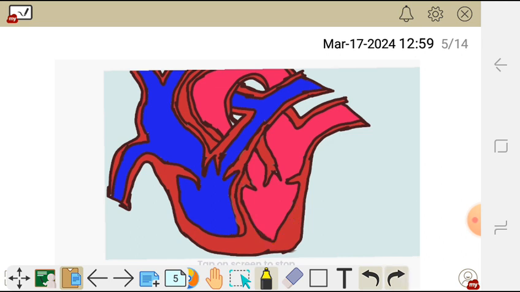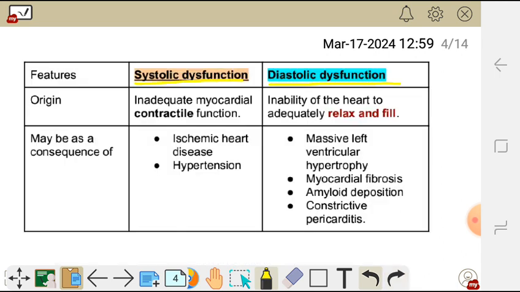If they become ischemic, that will lead to an inadequate contraction of the left ventricle, and that will lead to systolic dysfunction.